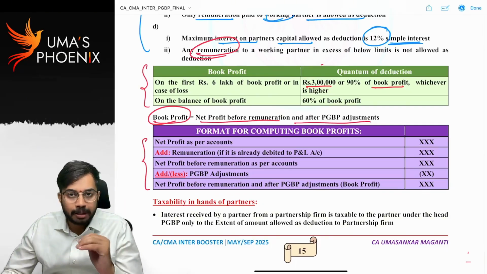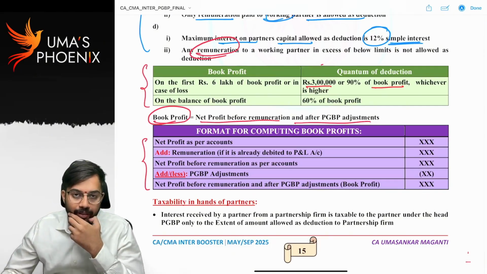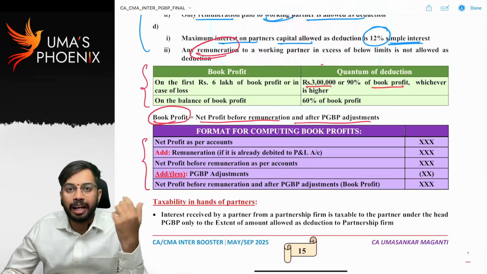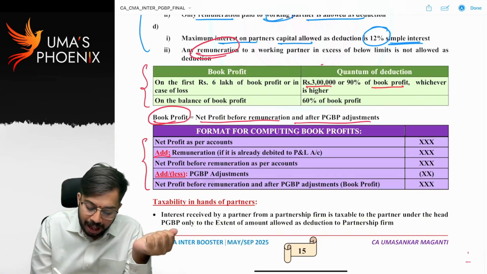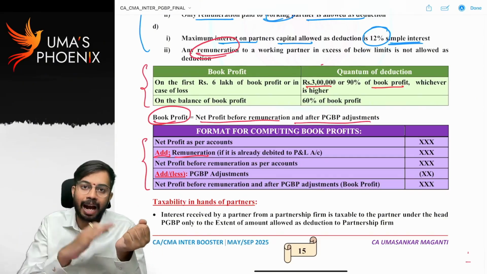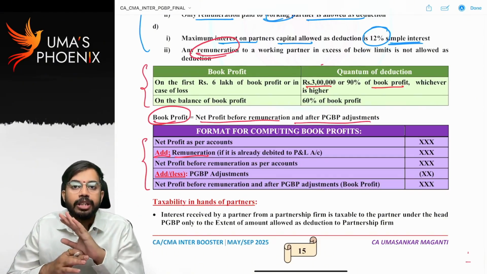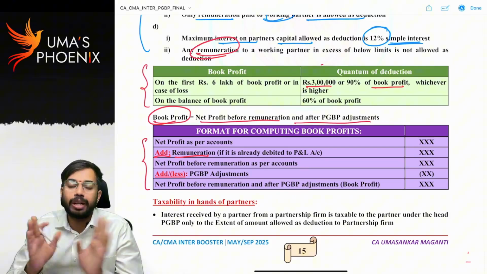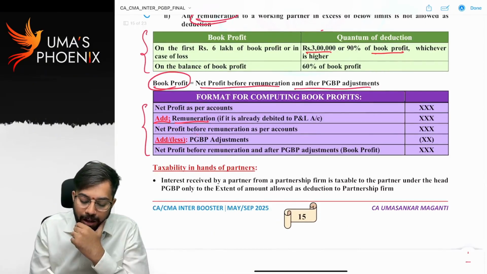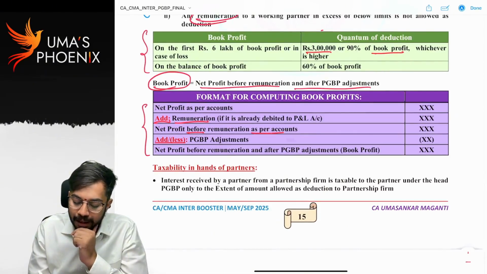From net profit as per accounts, you will calculate book profits. If remuneration is already claimed as expenditure, then you will add back remuneration. If remuneration is not claimed as expenditure, don't add back. Then you will get net profit before remuneration as per accounts.